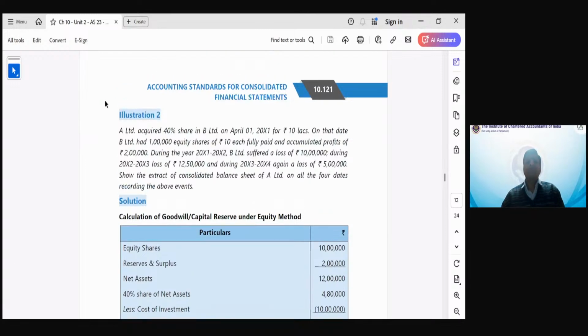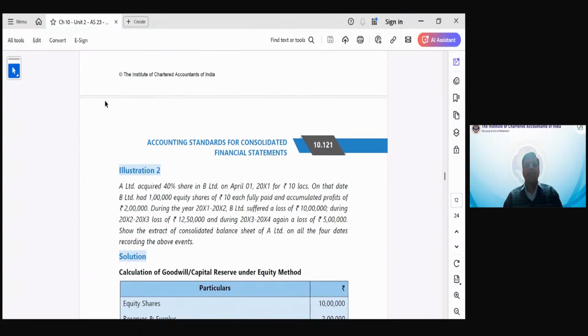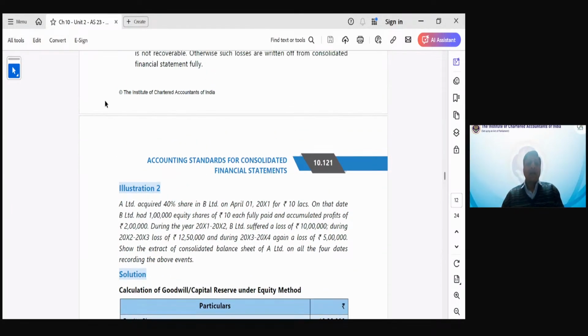Question 2. A Limited acquired 40% shares in B Limited on 1st April X1 for rupees 2 lakhs. So in this case, what is this amount of 2 lakhs? What do you call this as?